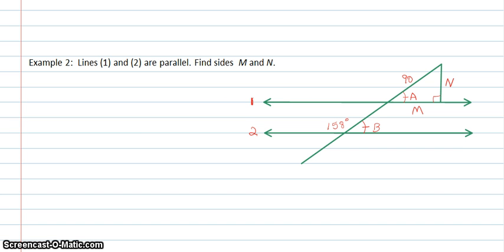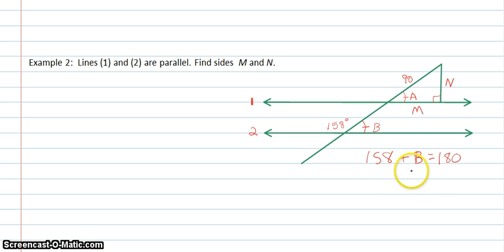In example 2, we're again given lines 1 and 2 that are parallel, and we're supposed to find the sides M and N. So I'm going to start by finding out what the angle of B is. And since 158 degrees is on that same straight line as B, I know if I add them together, I would get 180 degrees.